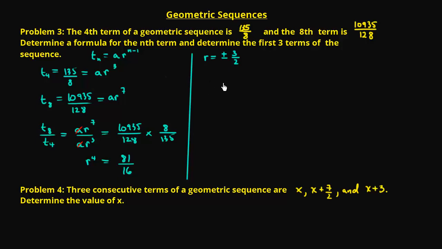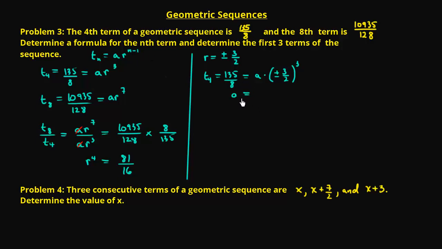So now we're left with solving for a. I know that t sub 4, or the fourth term, is equal to 135 over 8, which is equal to a times plus or minus 3 over 2, raised to the exponent n minus 1, which is 4 minus 1, which is 3.